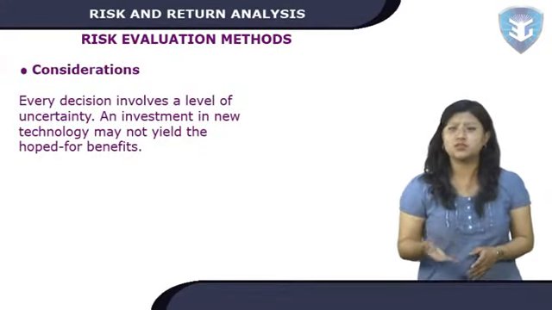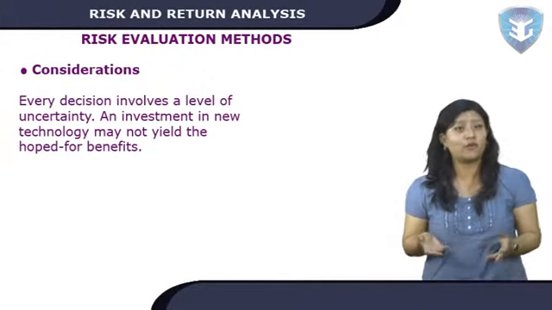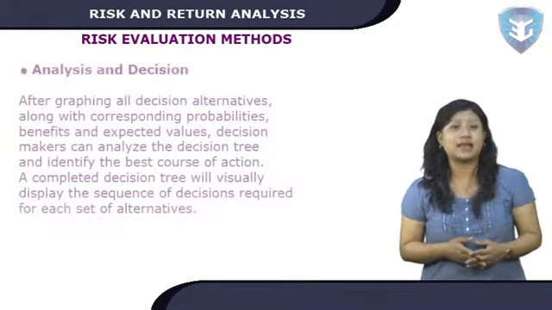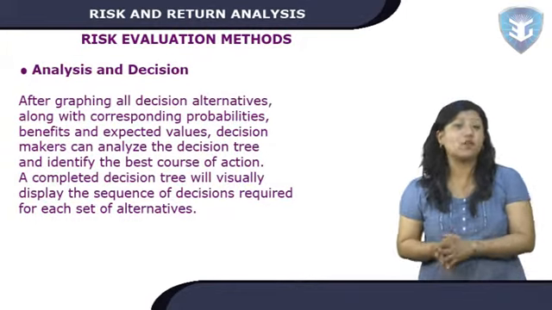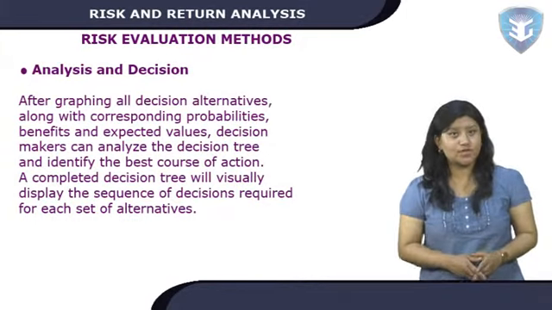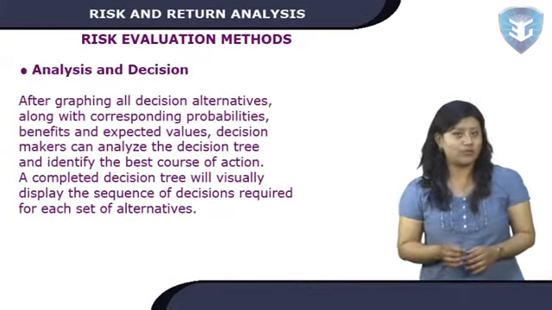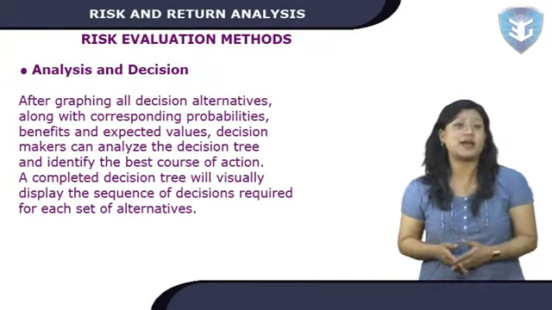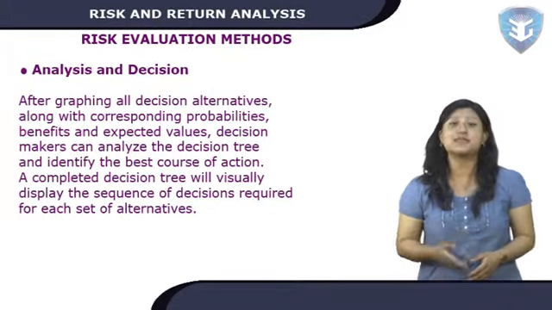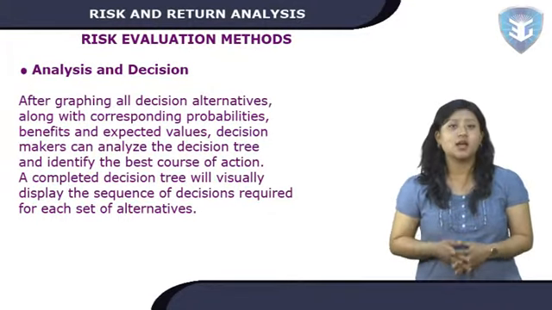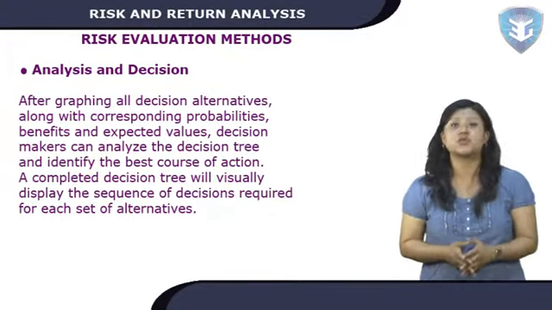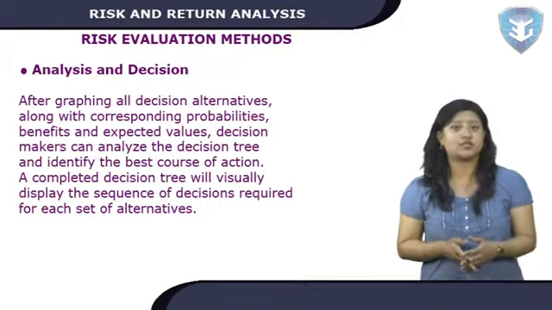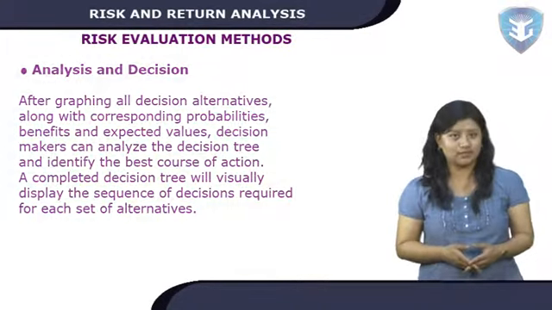An investment in new technology may not yield the hoped for benefits. Analysis and decision. After graphing all decision alternatives along with the corresponding probabilities, benefits, and expected values, decision makers can analyze the decision tree and identify the best course of action. A completed decision tree will visually display the sequence of decisions required for each set of alternatives.